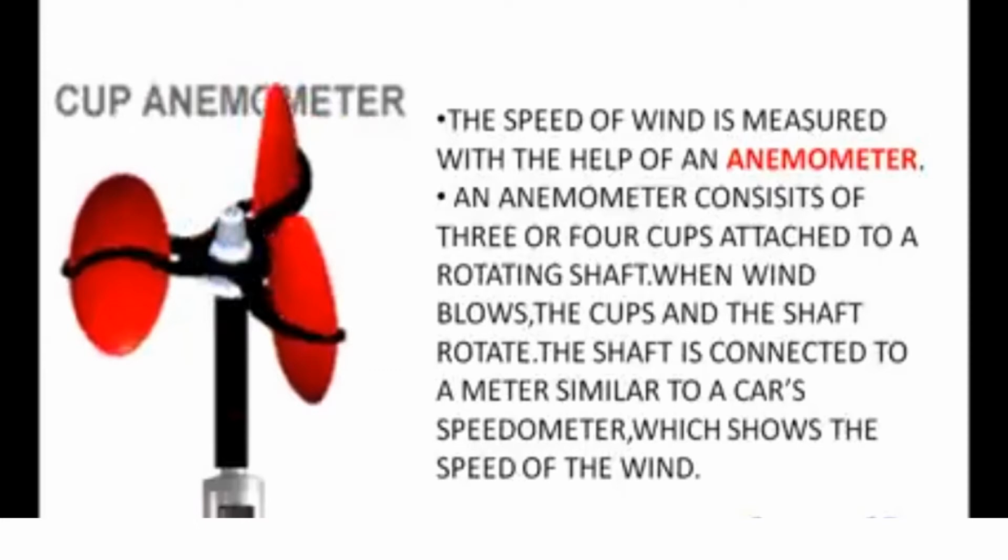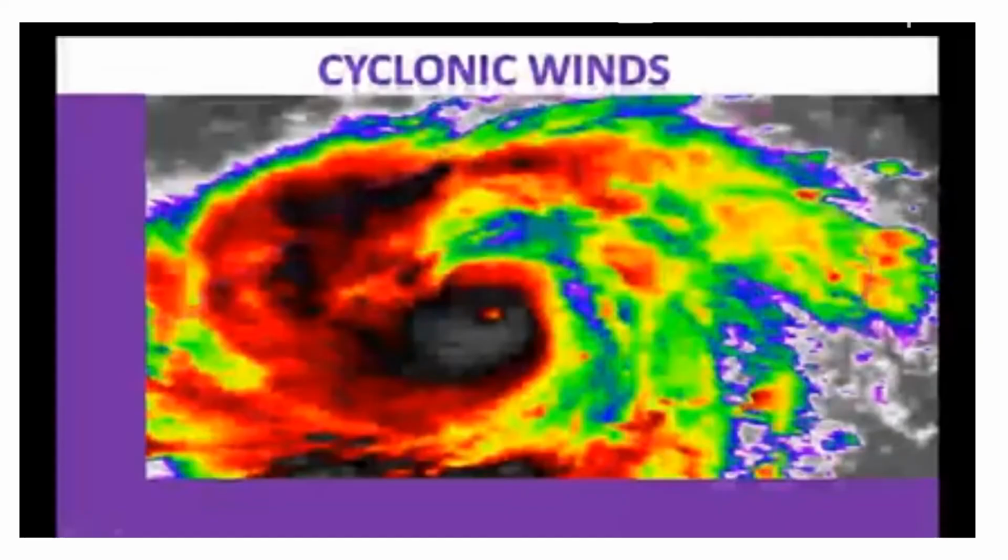The shaft is connected to a meter similar to a car's speedometer, which shows the speed of the wind. So children, when the speed becomes extremely high, as in the case of typhoons or cyclones of Asia or hurricanes in the Americas, they can cause widespread damage and destruction. So children, this is a cyclonic wind.